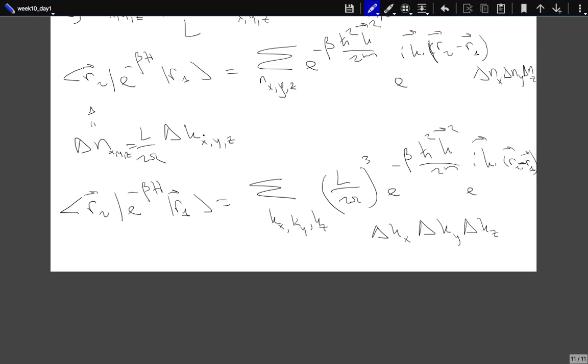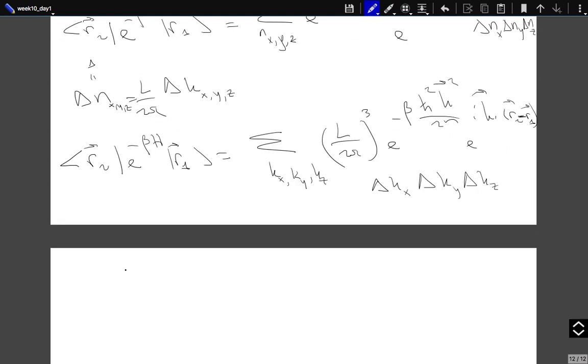They almost take continuous values, so I can just replace it by an integral. The integral of L cubed, which is my volume V, d cubed k, divided by (2 pi) cubed.